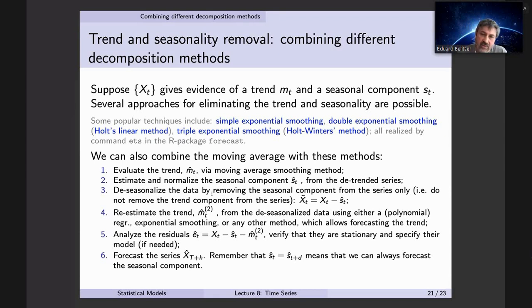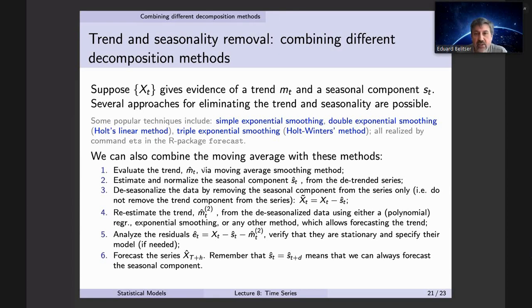And then here's some sort of what you could do. You could first estimate the trend, then the seasonal component, then subtract the seasonal component, and then go back to estimating the trend, re-estimate the trend, and then re-estimate the seasonal component, and so on. You can do lots of things, okay? You can combine all these methods in different sequences. So this is just one possibility here, which people do.